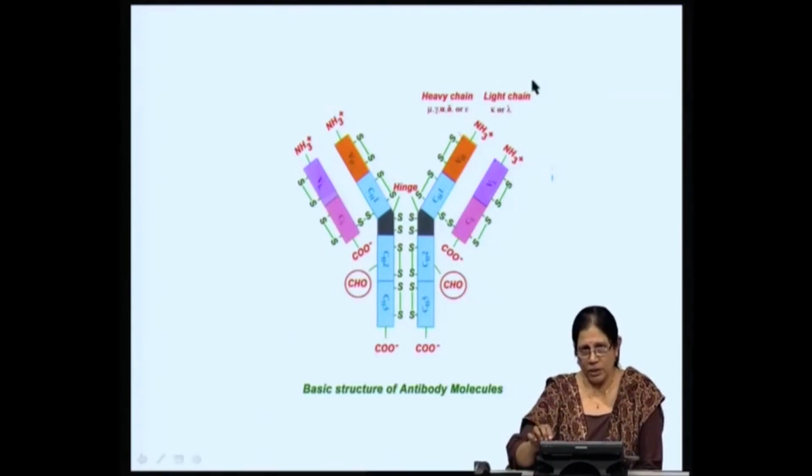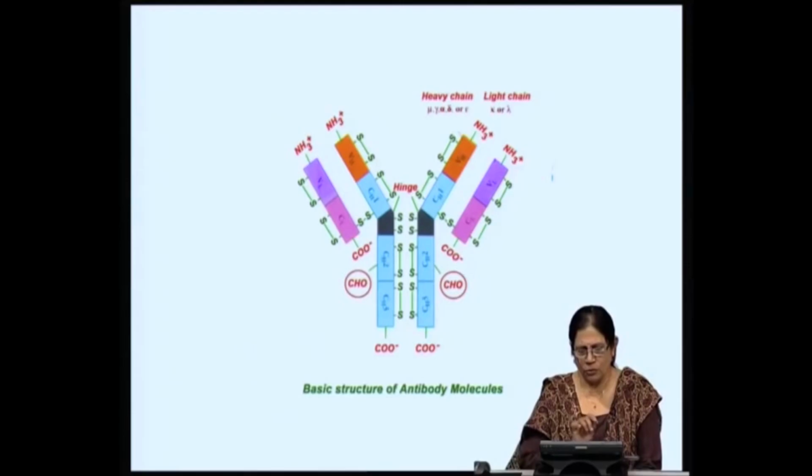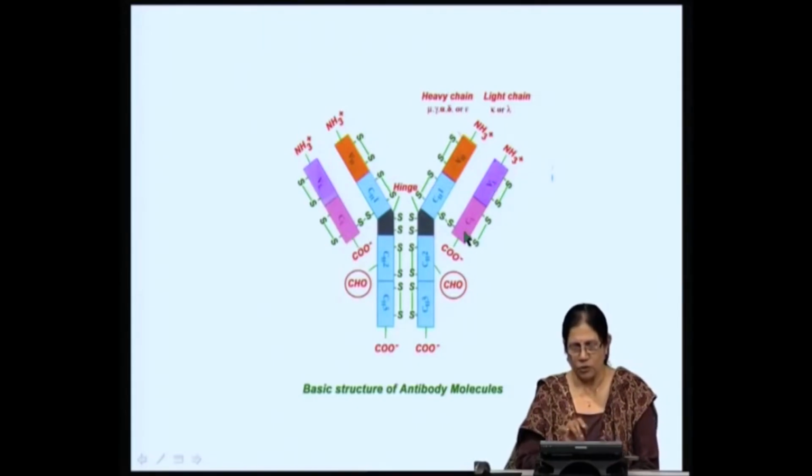The light chain can either be kappa or lambda. It is important to know that apart from the heavy chains being identical to each other, even the light chains would be identical, not only with respect to the variable domain, but also with respect to the constant domain.